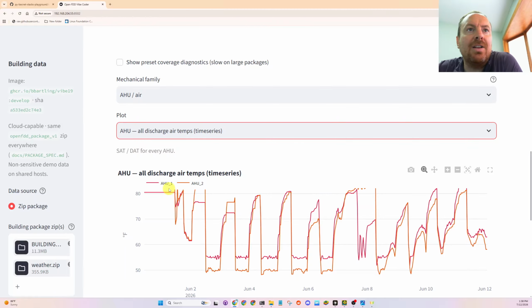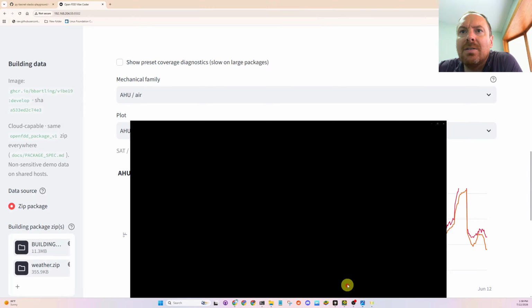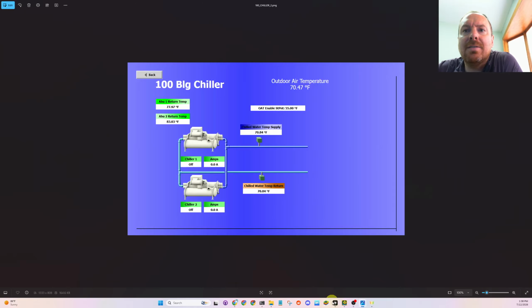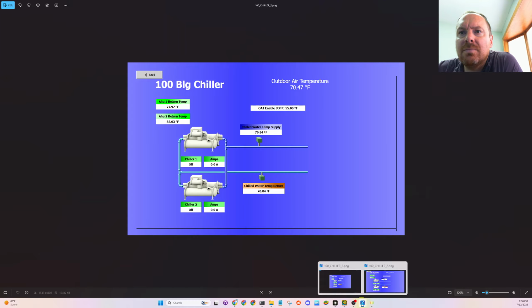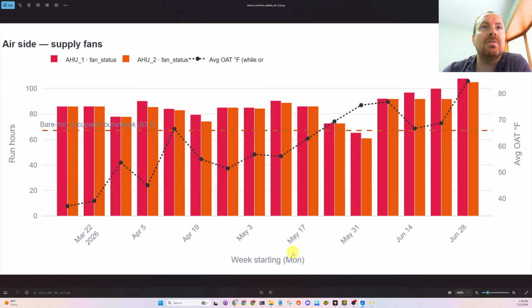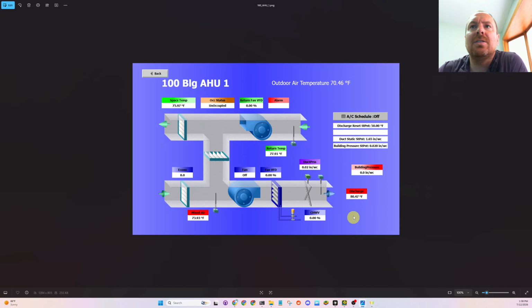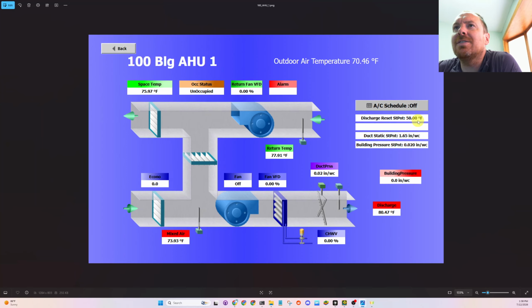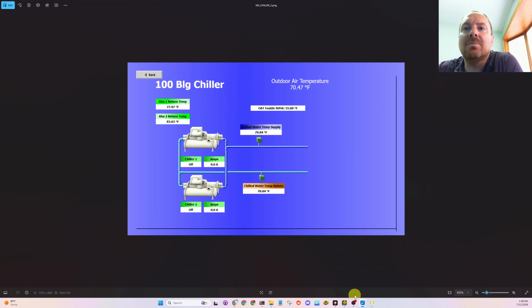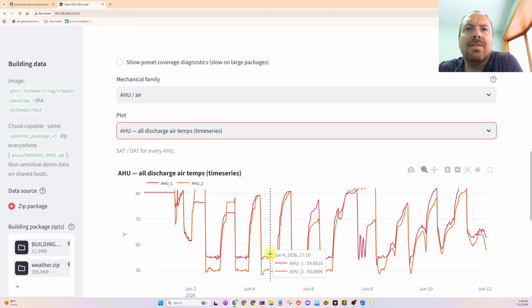So this is the air handling unit supply temps, 1 and 2. And as you can see in this one graphic, where's the guy? You can see this right here, this 50-degree set point. You can see that in the data.